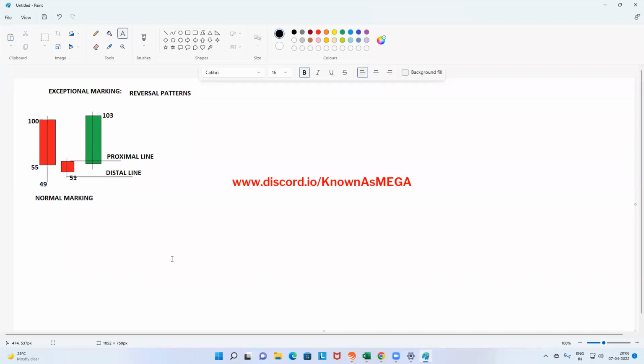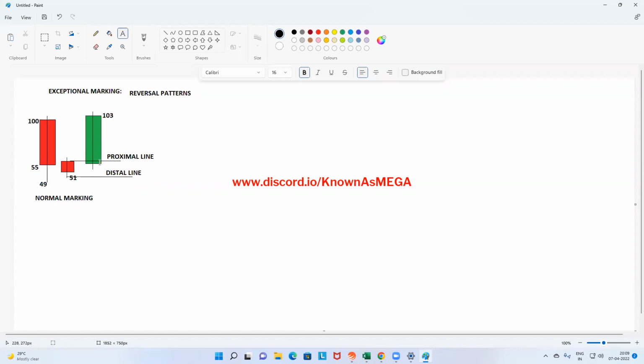Correct? Yes or no? So which means pending orders. Pending orders are from 49 or below. Pending orders could be at 48 or 49. So in exceptional marking, what we do under such circumstances, wherever in a reversal pattern, we can consider leg in, we can consider base, we can consider leg out.